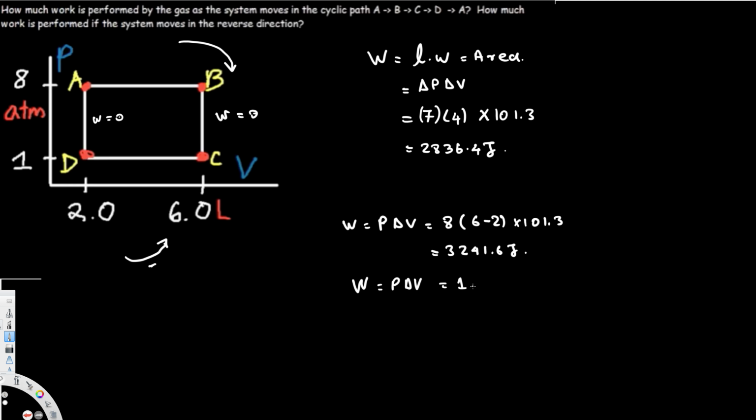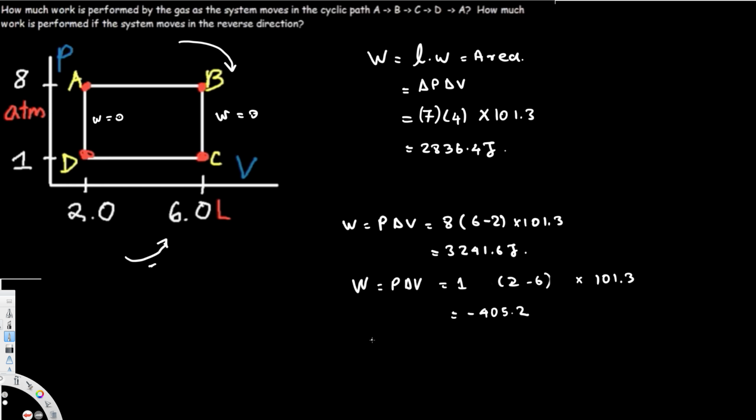So 1 atm times the volume difference, final minus initial, that's 2 minus 6, in liters, times 101.3 to convert it into joules. If you calculate this, you will get negative 405.2, and if you add them together, you will get the same value.